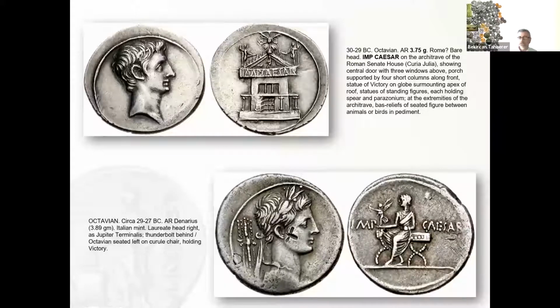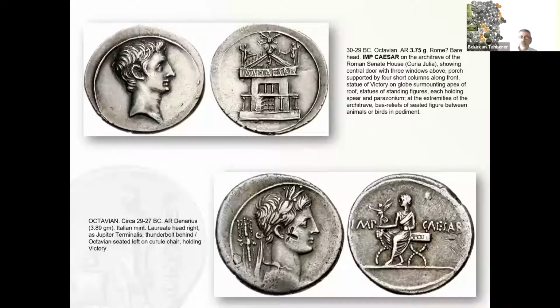Curule chairs were portable chairs. They were used tentatively for short terms. So Roman senators, Roman consuls were elected for 1 year. Maybe they could be elected again for the second, third time, but their position was always temporary.